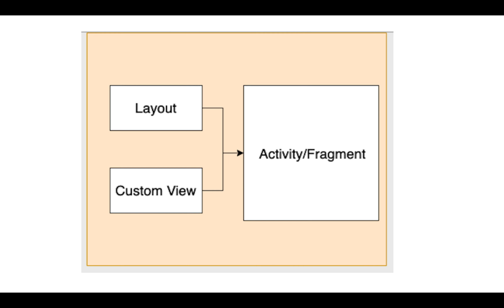Then we got some more requirements where I needed to handle the screen orientation change. That means I needed to handle the view life cycle. Also I had to make some network calls and process the data before showing it to the user.